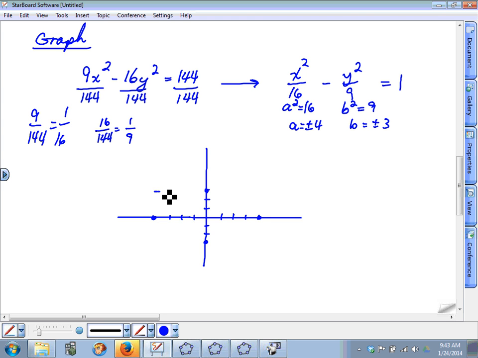And then you draw this rectangle. This is what's referred to as the central box. This box doesn't actually exist as part of the graph. It's simply an aid to help you get a better shape of the graph. This is called the central box. Okay. Now, locate the corners.